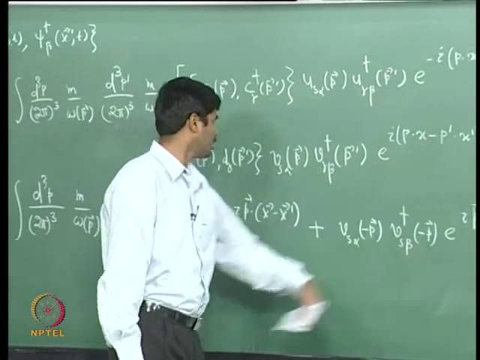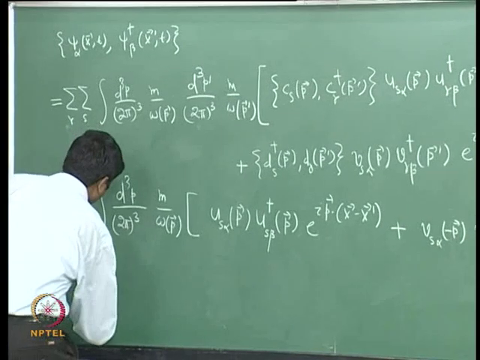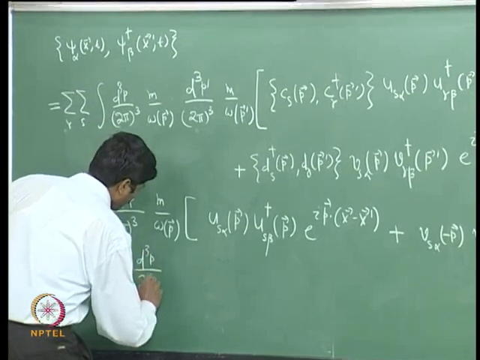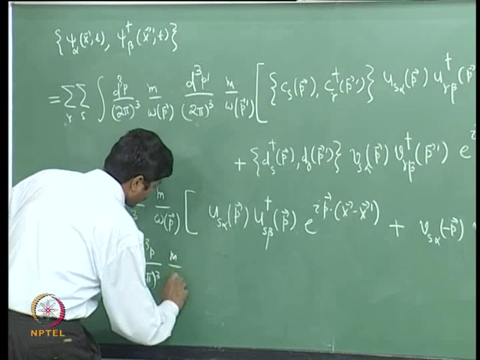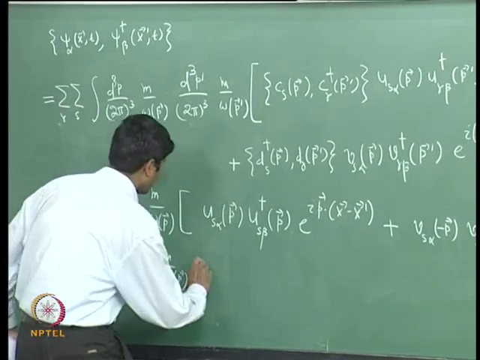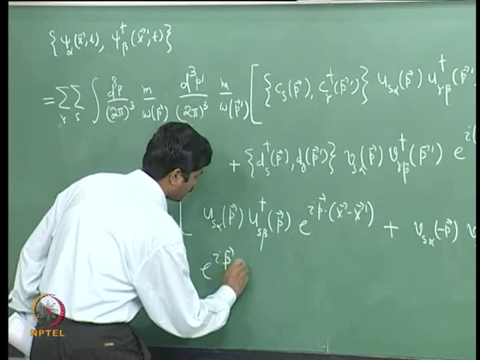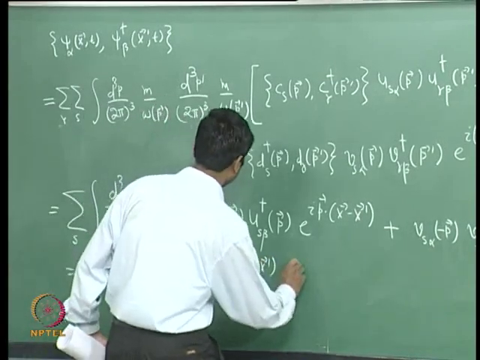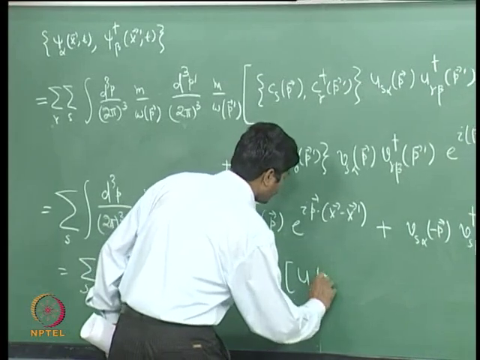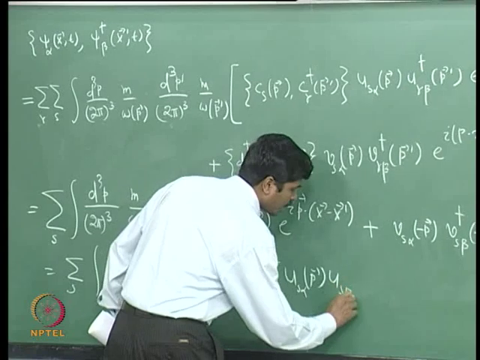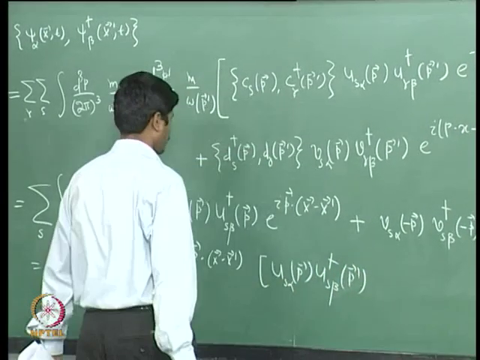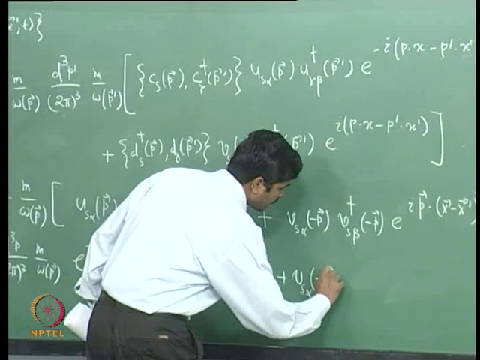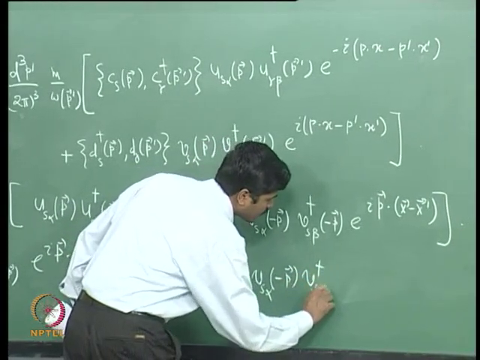Now we can just take this out. So, the sum over S, d3p over 2 pi cubed, m over omega p, and then e to the power I p dot x minus x prime, and then u s alpha of p, u s beta dagger of p, plus V s alpha of minus p, V s dagger beta of minus p.